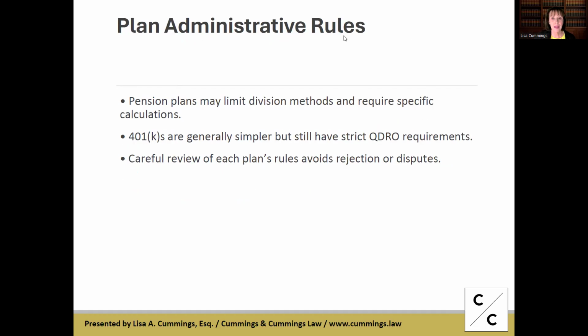Another element to take into account is the plan administrative rules. In addition to federal law requiring certain items to be listed in a qualified domestic relations order, that order also has to meet the requirements of the specific retirement plan. Pension plans may limit the way their pension accounts are divided, the methods that can be used, and they may also require very specific calculations. 401k QDRO divisions are typically simpler, but they still have to follow very strict federal QDRO requirements and also follow plan administrator requirements for QDROs.